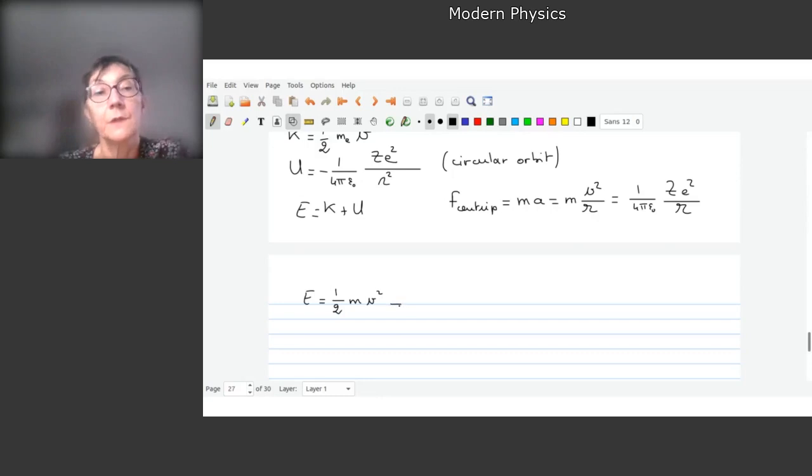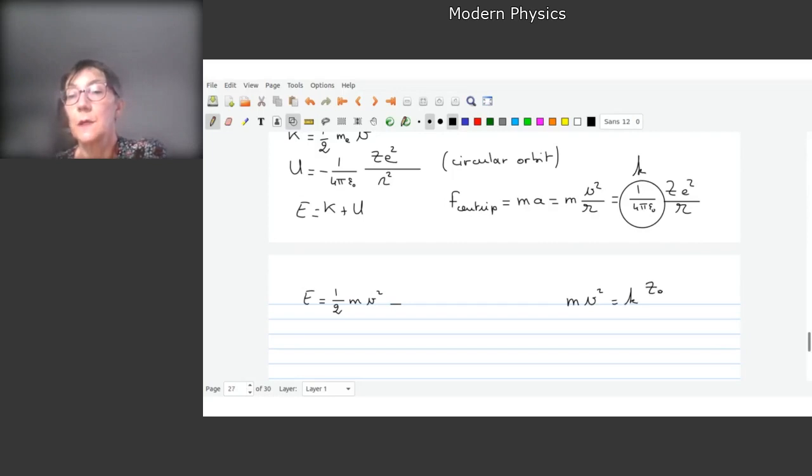Okay, minus, so we have this. What I can write here is that M, this is the electron, M V square, I will call it K. K is equal to K Z E square over... something missing here.